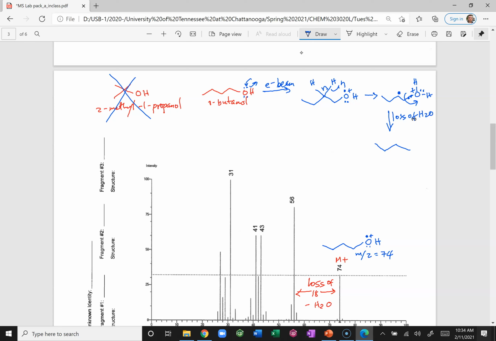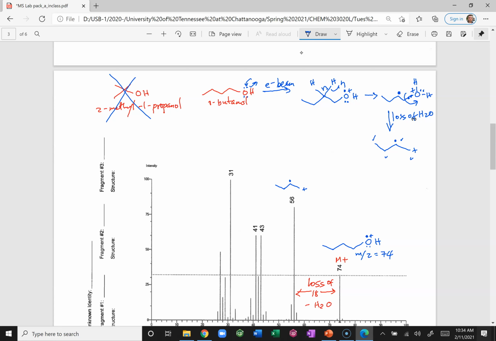I'll have this cool looking radical. This is 56. How many 56? So I have 4 carbons, 4 times 12, 48. And I have how many hydrogens? I have 3 here, 2 here, 1 here, and 2 here.